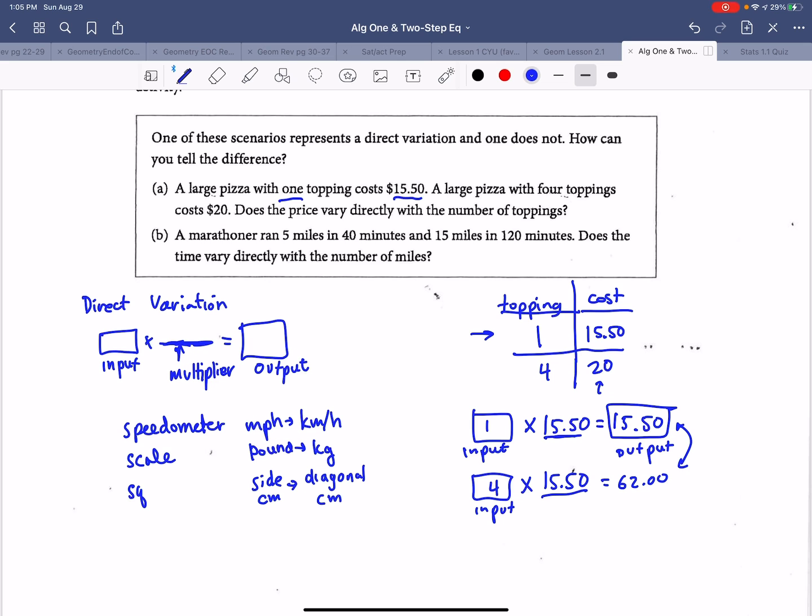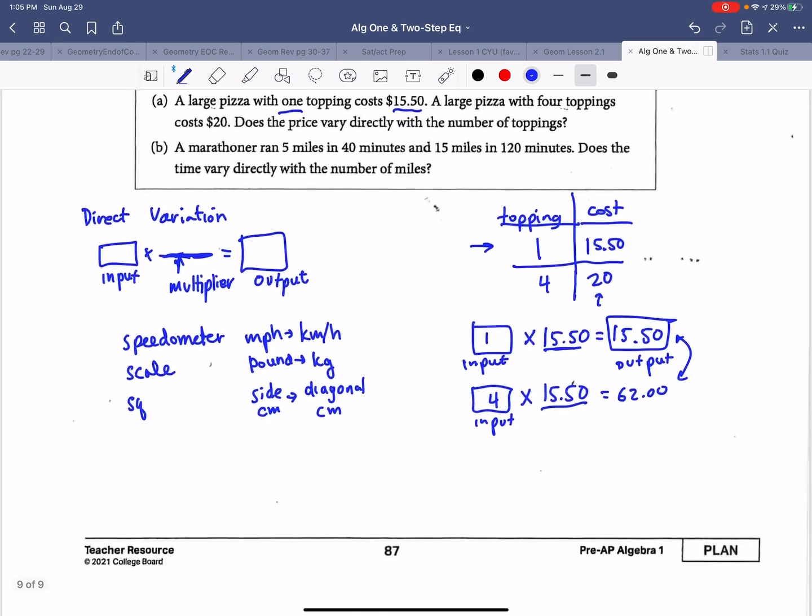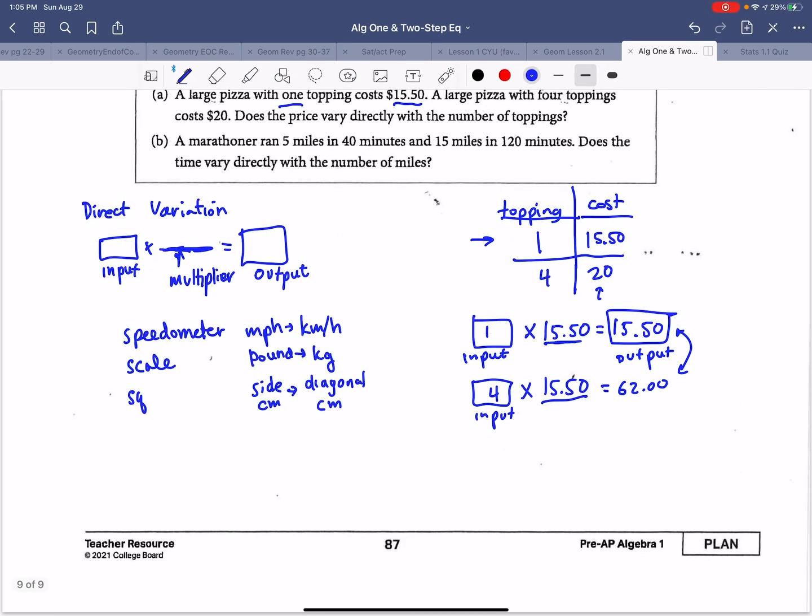Now let's look at the marathoner. It says the marathoner ran 5 miles in 40 minutes and 15 miles in 120 minutes. Let's break that down, trying to draw the same analogy here.